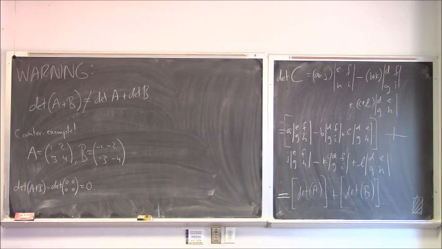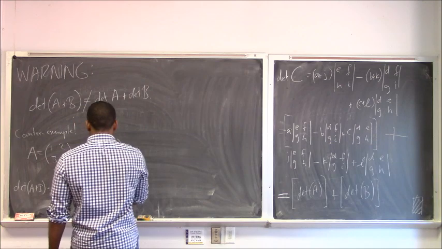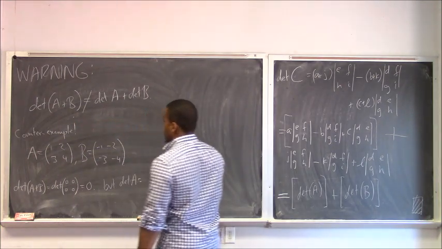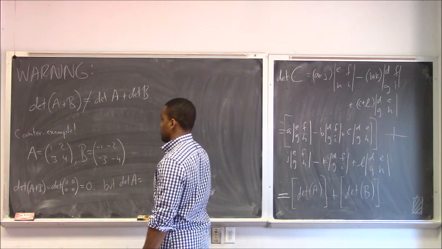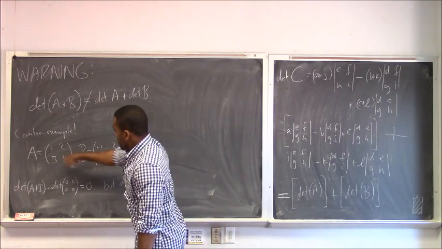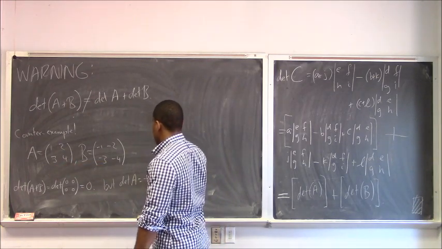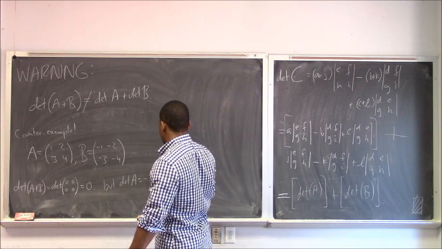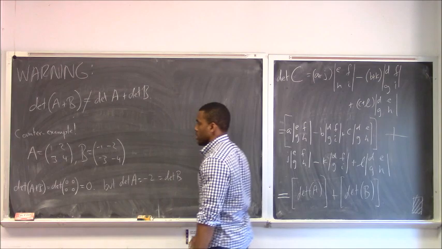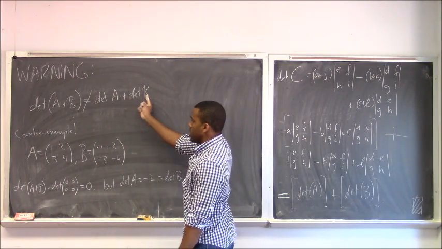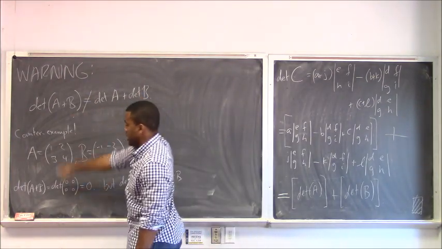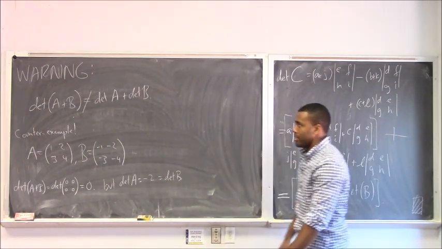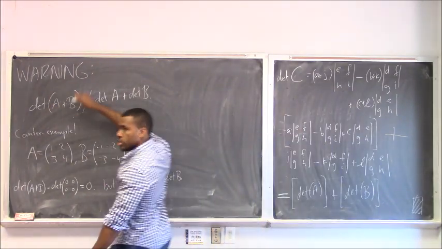However, the determinant of A is equal to what? 4 minus 6, so it's minus 2. And that's actually the same as the determinant of B, right? So if I add these two here, I get minus 4. On that side, I get 0. So it's not the same in general, so don't make that mistake. Determinants do not distribute.